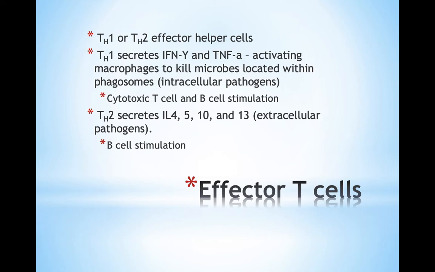If the T cell differentiates into a Th1 helper cell, T helper type 1, what you expect them to do is that they're capable of secreting interferon gamma and tumor necrosis factor alpha. And they can activate macrophages to kill microbes located within phagocytes. The intracellular killing, actually Th1 cells facilitate that.